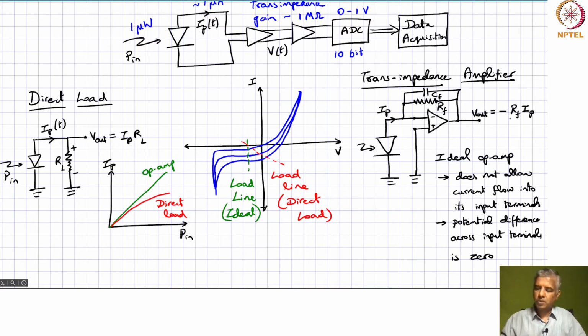Because of that, when you look at the overall response, the response would correspond to 1 plus j omega RF CF. The frequency response as far as the AC condition is concerned will be given by this. So what that tells you is that this amplifier is going to be providing this gain only up to a certain frequency, wherein this frequency comes in this omega, right?